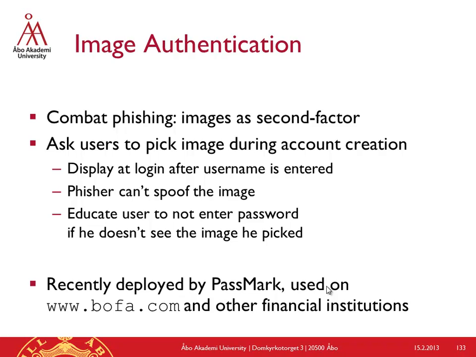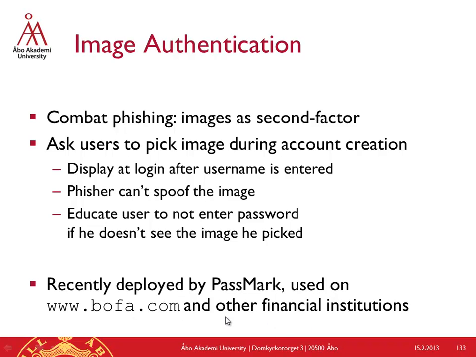Another ability to work with passwords is so-called image authentication. The idea of this approach is to show the user a special image that he or she selected before when registering in the system. And if the user does not see this image, which cannot be spoofed by an attacker, the user has to be instructed not to log in to the system.